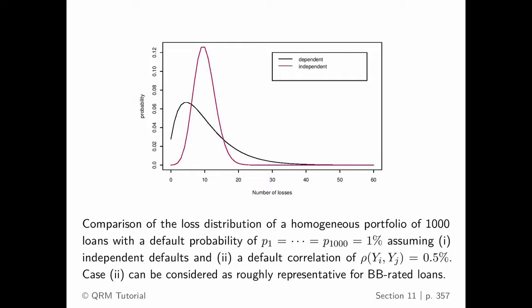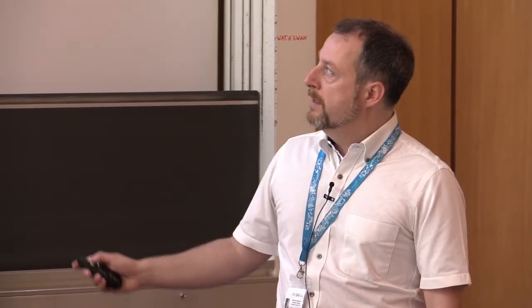So the default probabilities for each of these loans are 1%. And we draw two models. First of all, case one, which is the red case. This is independence. If all of these firms default independently, the loss will effectively be a sum of independent Bernoulli indicators.